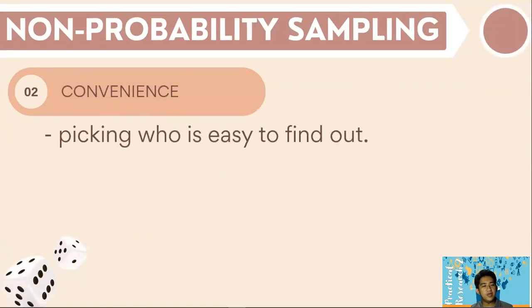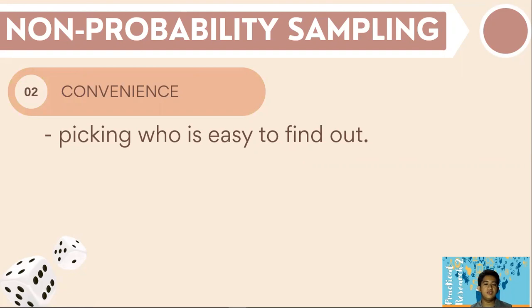Convenience sampling is picking who is easy to find. Here, whoever is available, so we can also call convenience sampling availability sampling. Whoever is available at the time that you want to conduct the research or the experiment, that's the one you're going to pick.